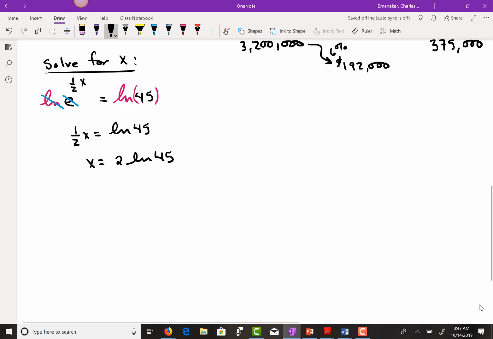Okay. Another thing that you're going to wind up needing to be able to do is, let's say, something like this: the natural log of x plus the natural log of x plus 2 equals, let's say, 2. Ooh, that looks ugly. That looks really bad, Chuck.